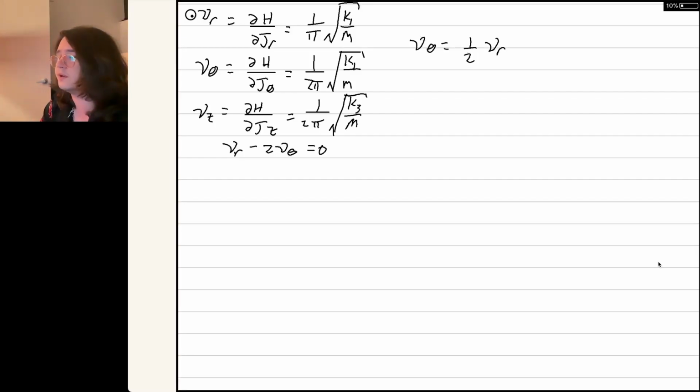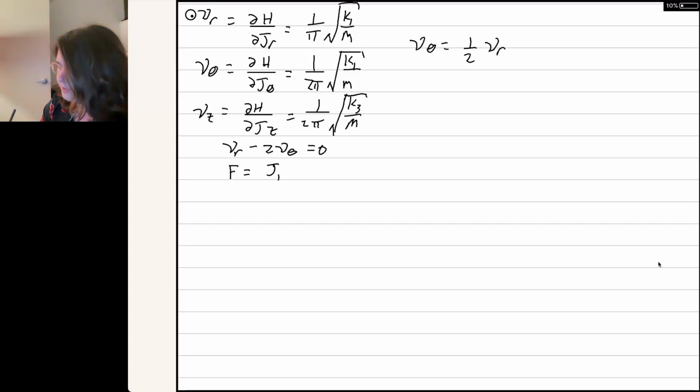The generating function for our transform coordinates will then be f equals J1, which is a new quantity. J1, J2, and J3 are going to be our actions in our transformed coordinate system.